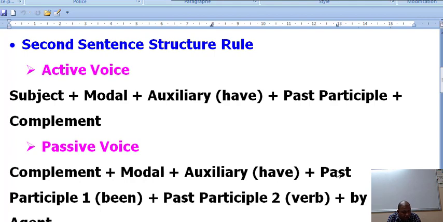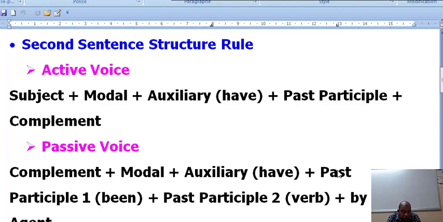We begin with the complement, we put the modal that we have, then the auxiliary, we put it the same, have does not change, plus past participle number one, which is been. You are going to have here been always.